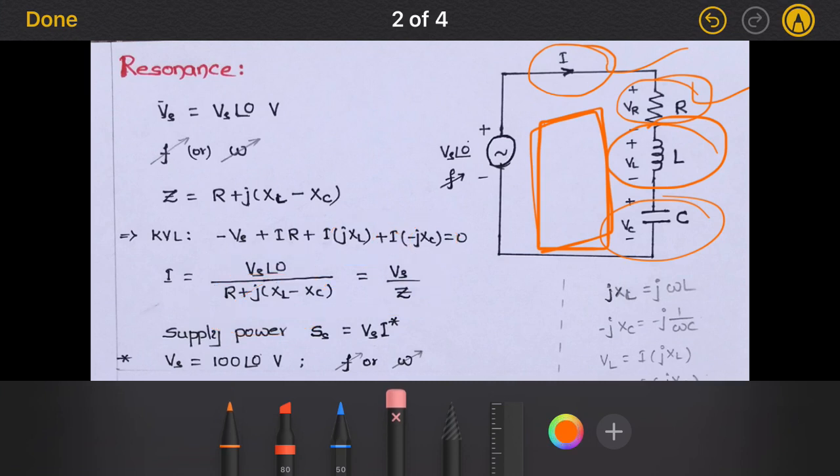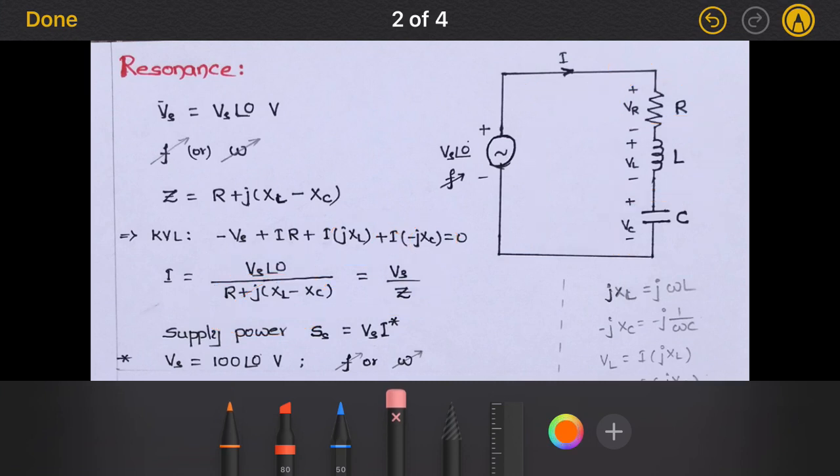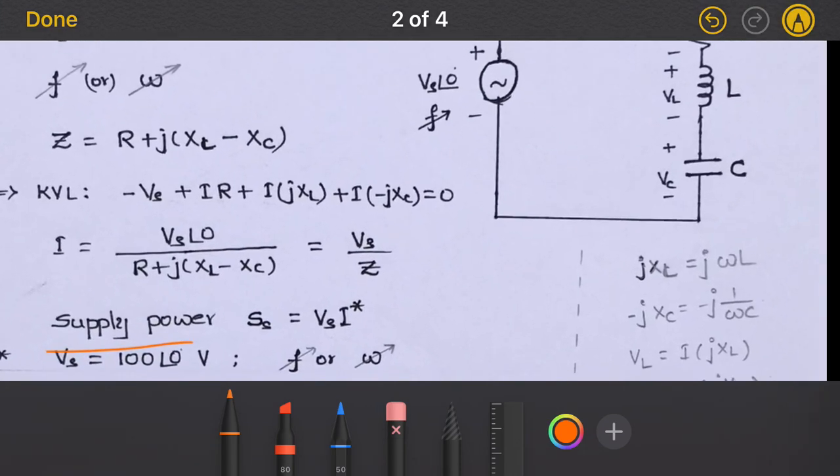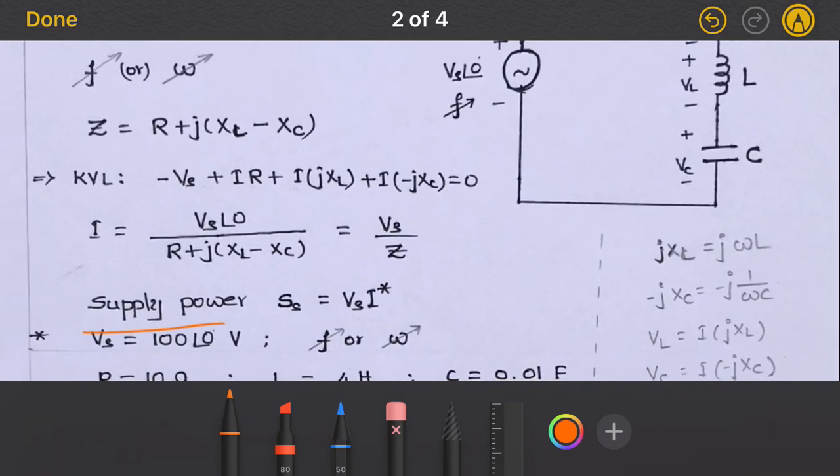Now, the power delivered by this voltage source is the supply power, SS equal to Vs I conjugate.